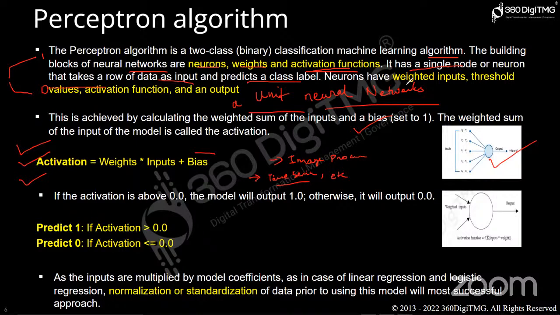Now these neurons have weighted inputs. So you can see weighted inputs x1 w1, x2 w2, x3 w3, x4 w4, x5 w5, and threshold values and activation function. Using this activation function, we provide the output taking these weighted inputs.